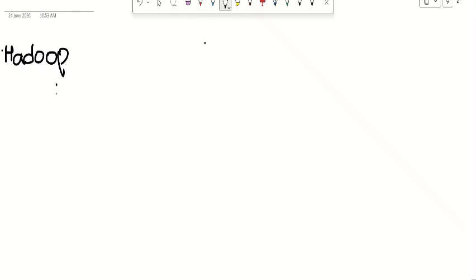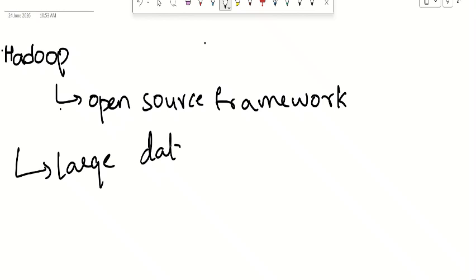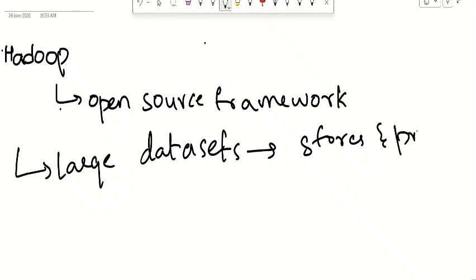What is Hadoop? It is an open source framework. Hadoop will store and process large datasets across multiple computers.